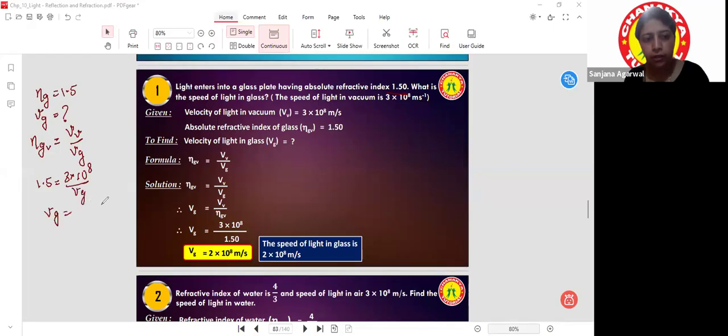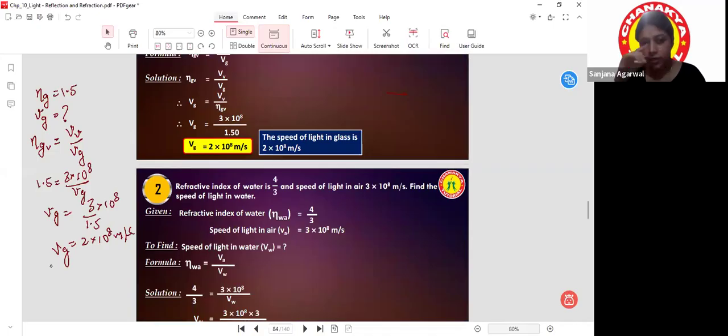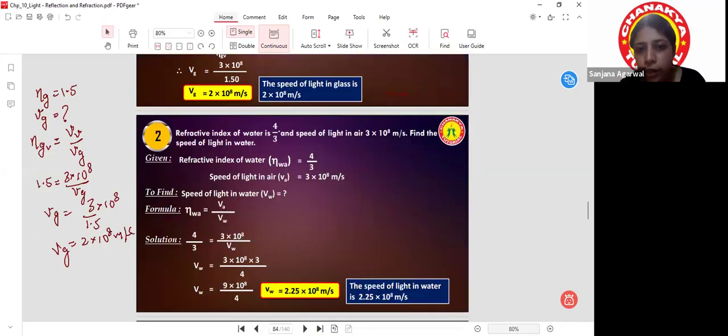Simplify, solve and get the answer. It is 2 into 10 to the power 8 meter per second. Very simple, children. Next, the refractive index of water is 4/3 and the speed of light in air is given. Find the speed of light in water. Again, you can use the same formula and you'll get the answer.